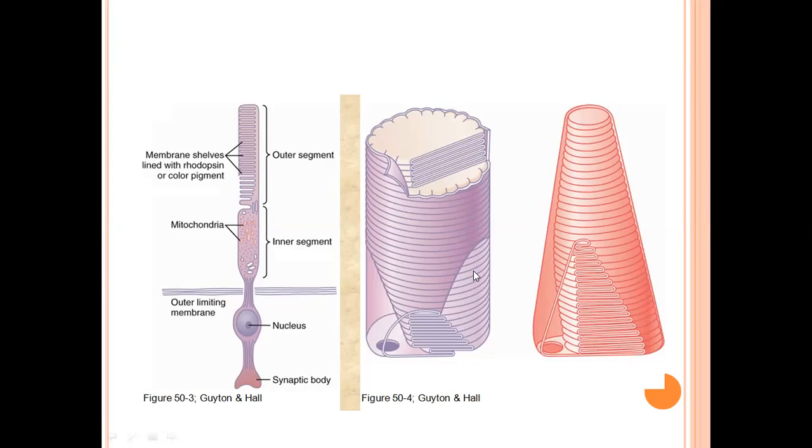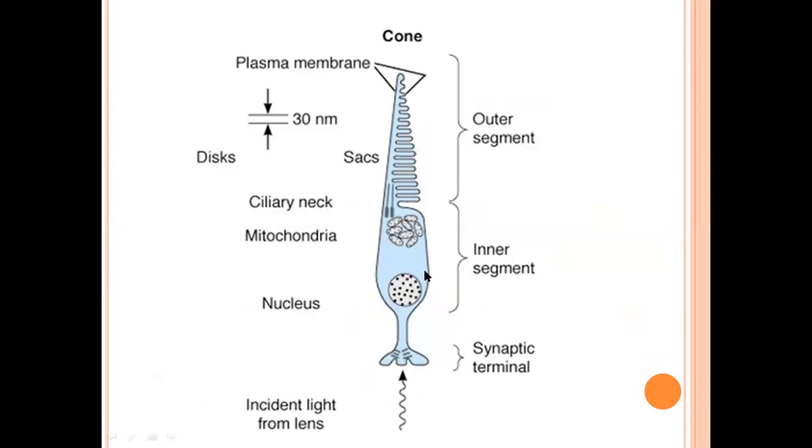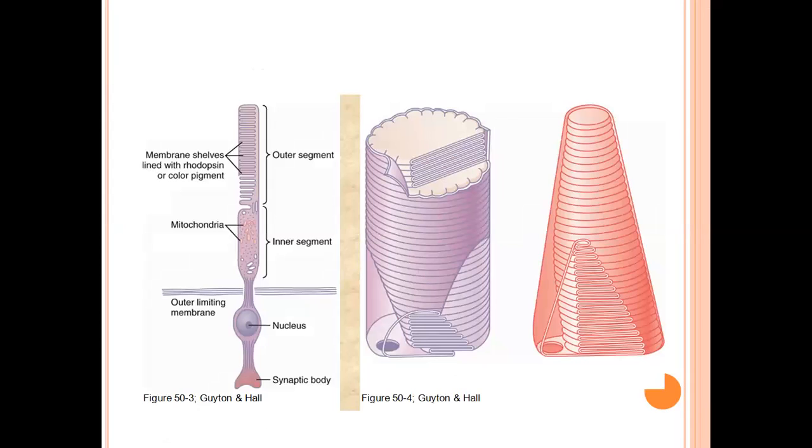This is the exact structure of rods and cones. Each of them has three parts: the outer segment, the inner segment, and the nucleus. In the outer segment the pigments are present, rhodopsin and retinal. The inner segment is mainly for energy purposes, with the presence of mitochondria. Then the nucleus and synaptic body.